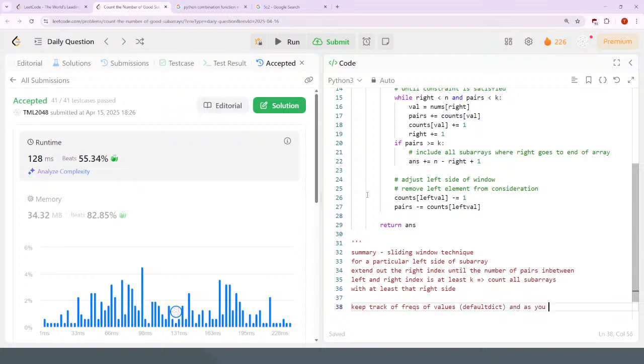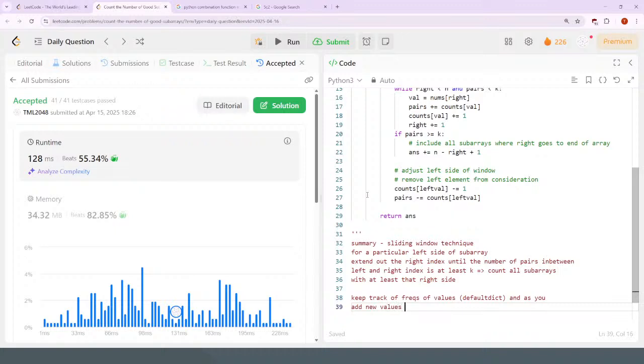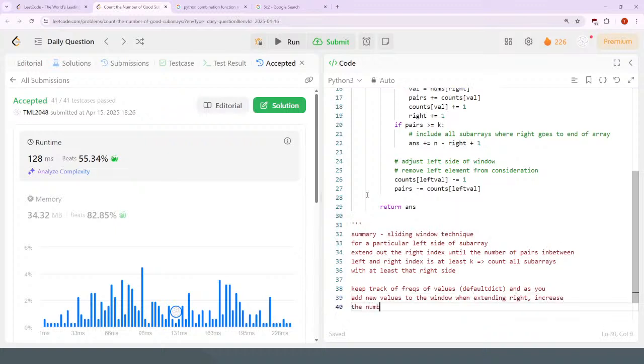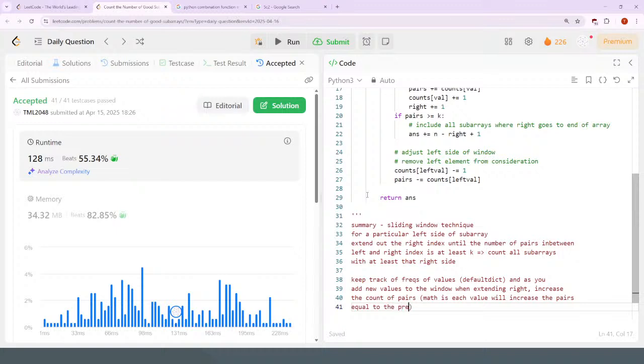And as you add new values to the window when extending right, increase the count of pairs. And here the math is each value will increase the pairs equal to the previous count of that value.